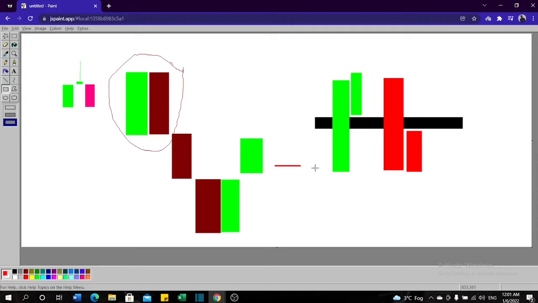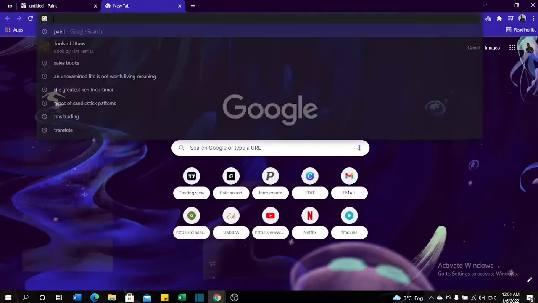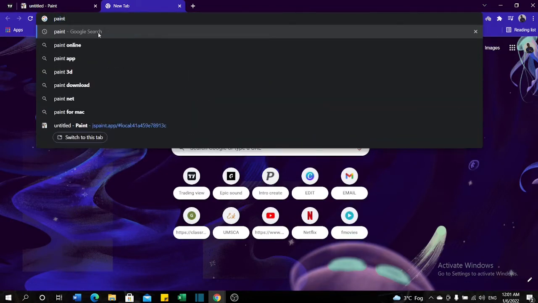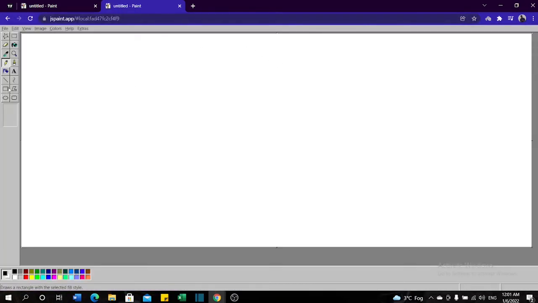by a retest I mean, imagine, let me open up another. Imagine we have price that breaks our support area.